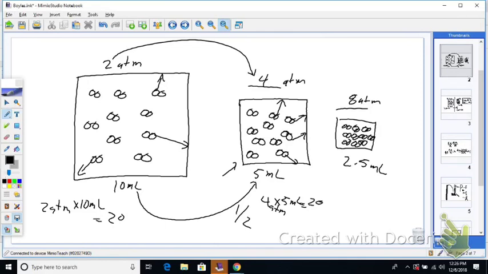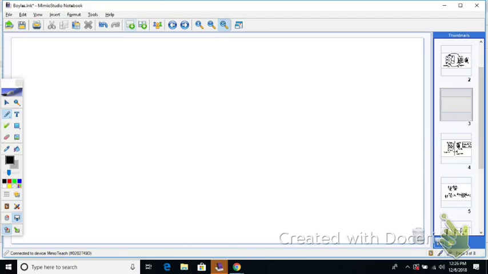So I'm going to give you, turn it over to the back, and we're just going to do one of these problems because that's what I did yesterday with the class. I'm going to give you the equation. We'll define Boyle's law later, okay? But I'm going to show you the equation for Boyle's law. It says P1 times V1. That means an initial pressure and an initial volume of a sample.